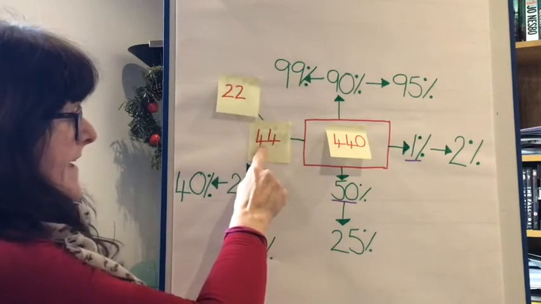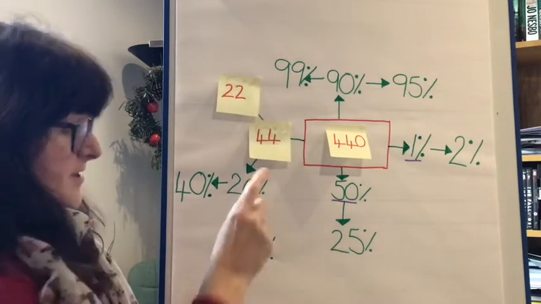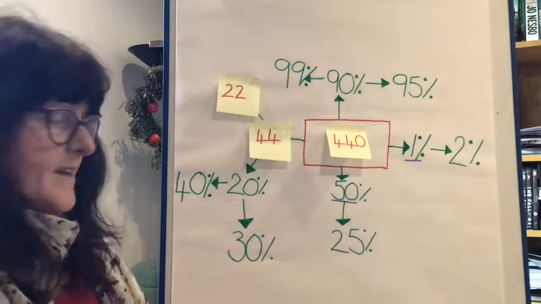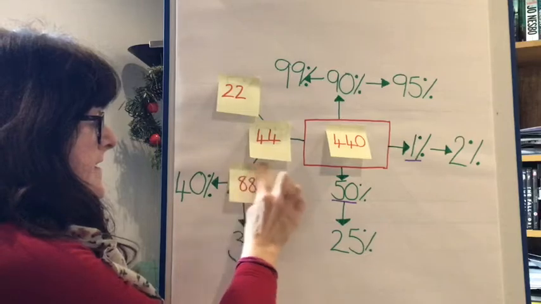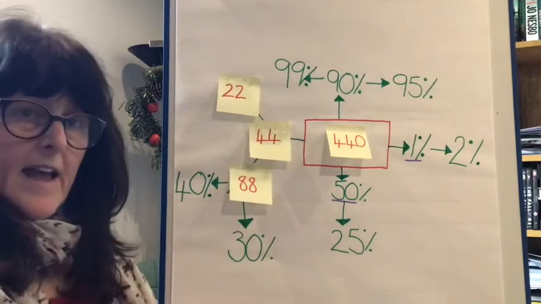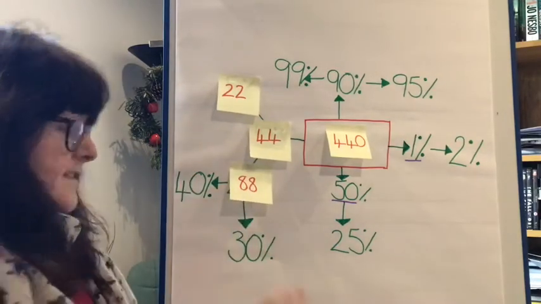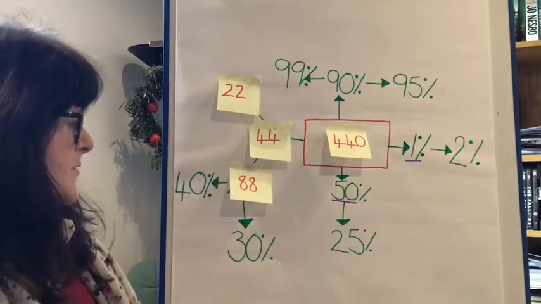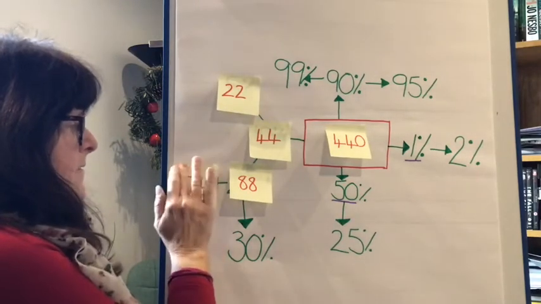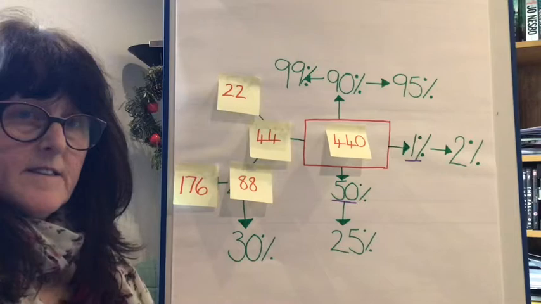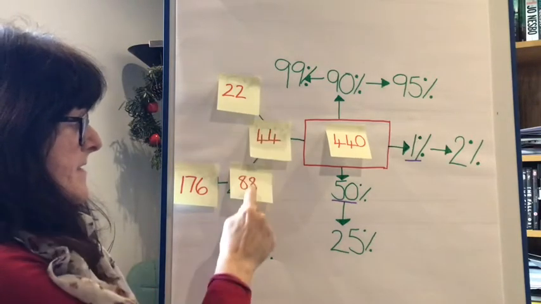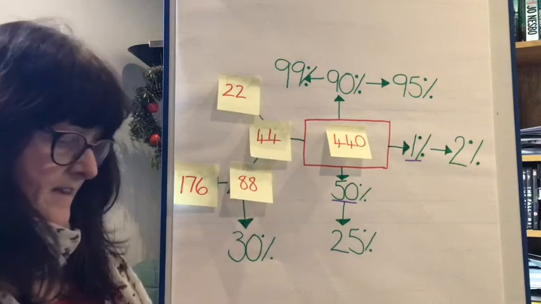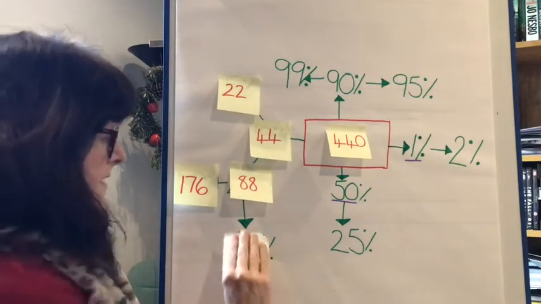If I go back to my 10%, I just double it to find 20%. That would be 88. And again, I can double that to get to 40%, which would be 176.